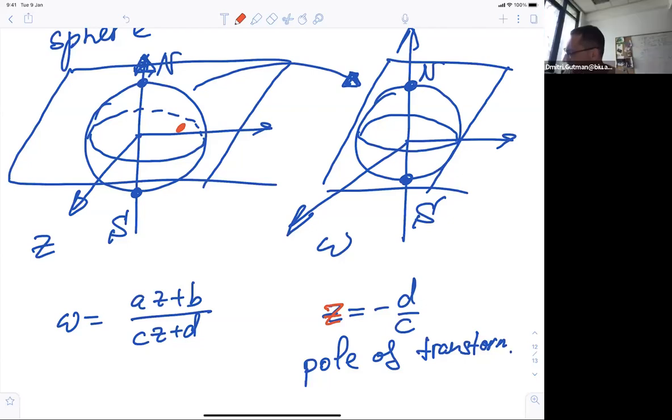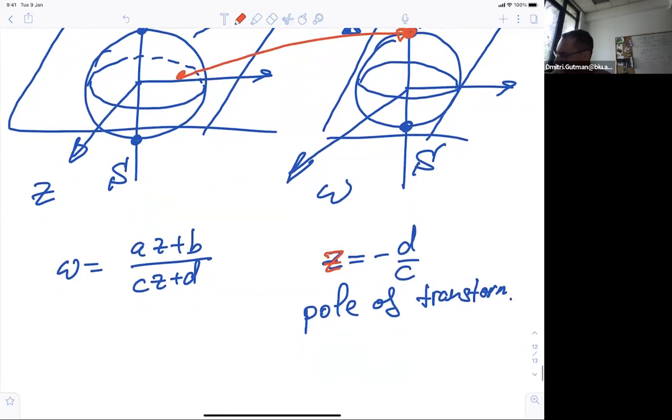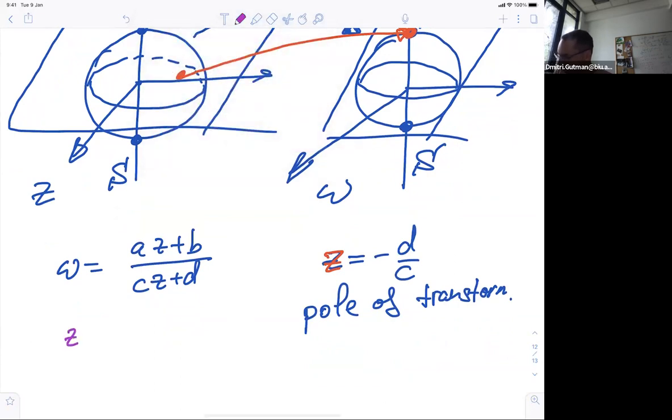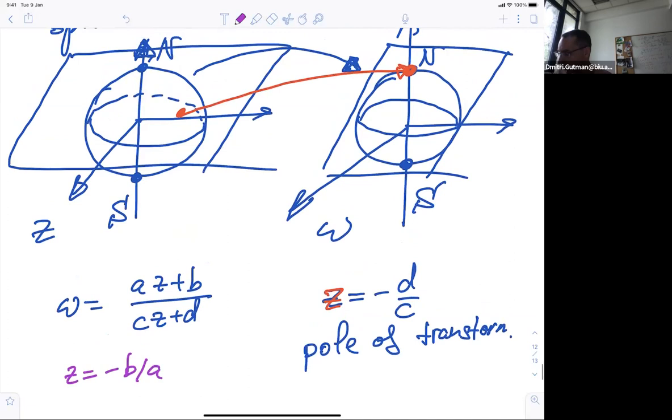So this point will become that point of the new sphere w. There is another special point here, and let's choose a different color. It's z equal minus b over a. What is this point on the original sphere?